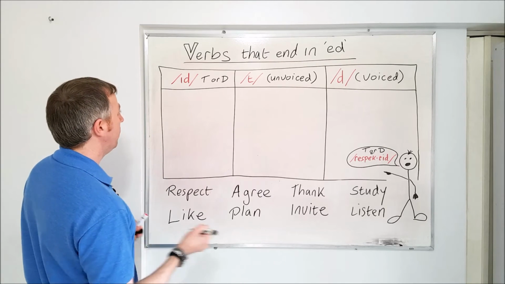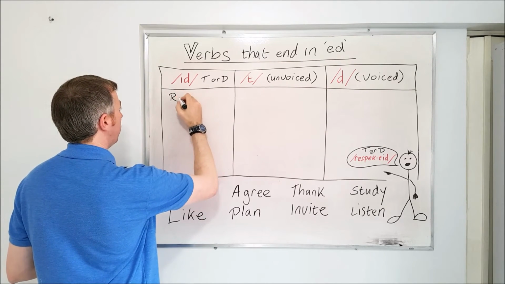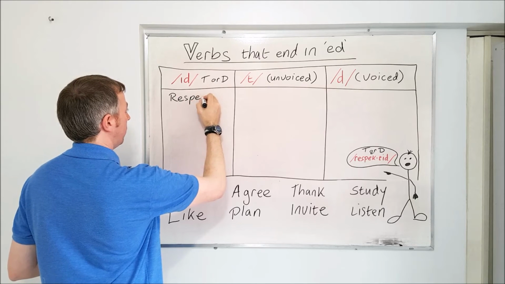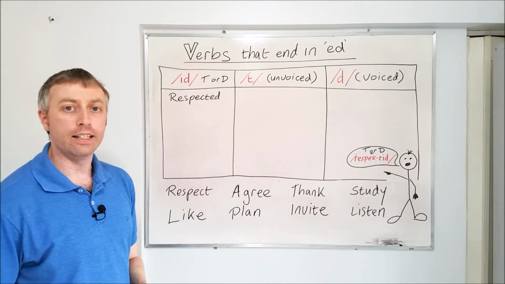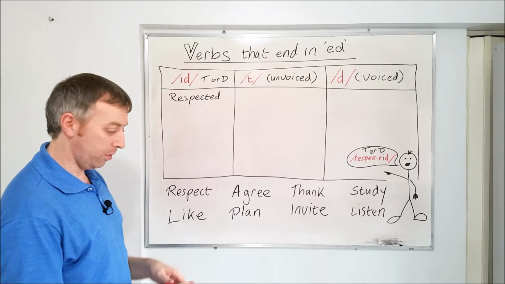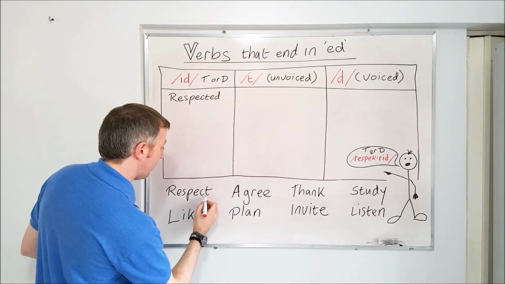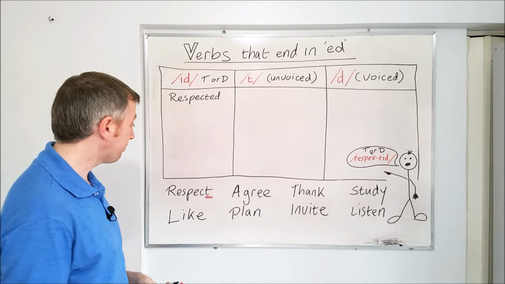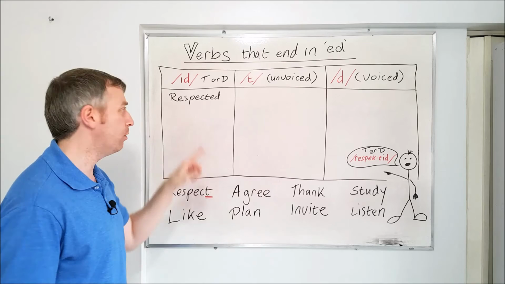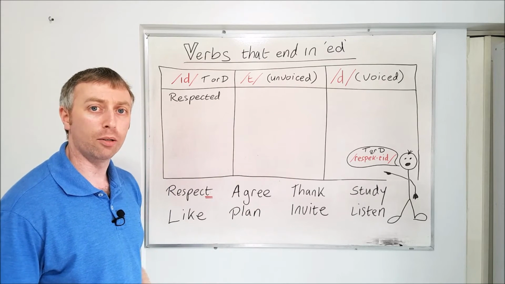So therefore, that one goes in here, because it's an id sound. If you look at the last letter, it is a T. Okay? So let's look at the others and see if we can put them in the correct column.